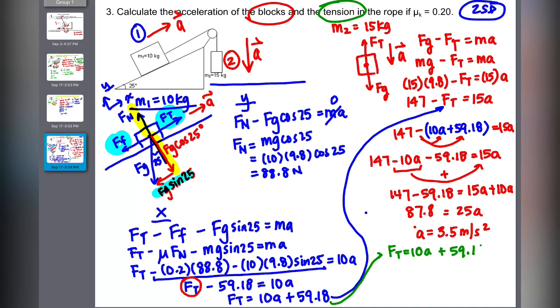I know that Ft is 10A plus 59.18. So 10 times A adding 59.18. So force of tension, I got 94.